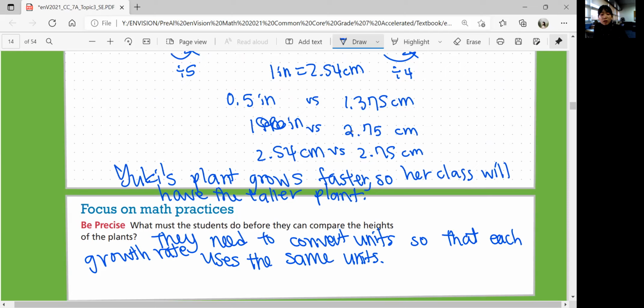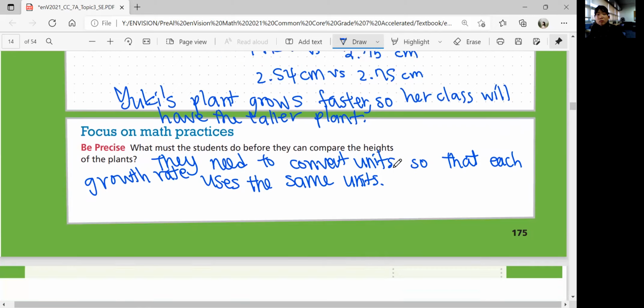If this is not done, it doesn't make sense to compare the numbers in the rates, right? You just compare 0.5 and 1.375. Of course, 1.375 is greater, but the dimensions, the unit rates, are different. So it just turns out Yuki's is greater anyway, but you still need to compare them in the same conversion units.